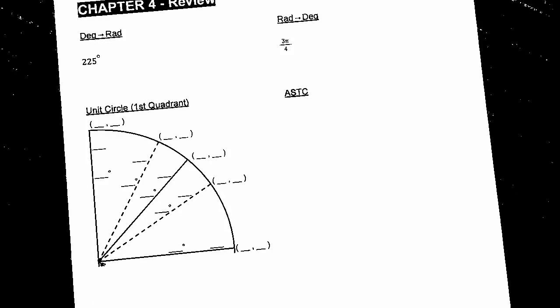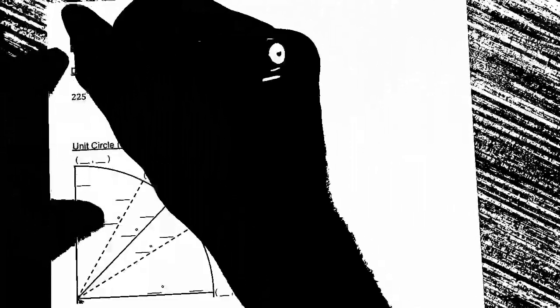It's one of those things that's really important to know by heart. Let's go over it briefly. If you're converting from degrees to radians, you multiply by what? Pi over 180. So this is 225 pi over 180, and we can simplify that.